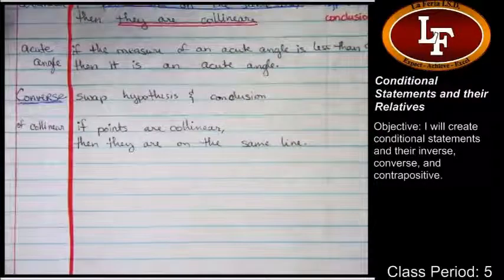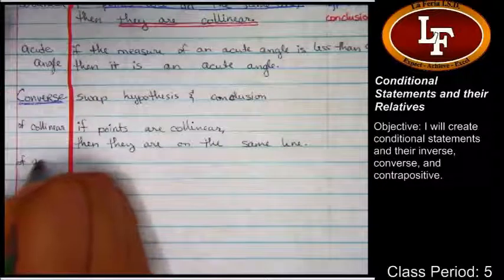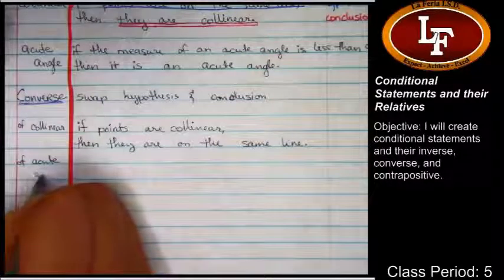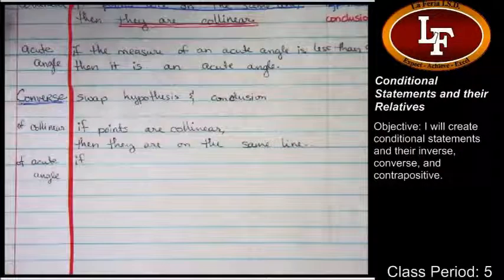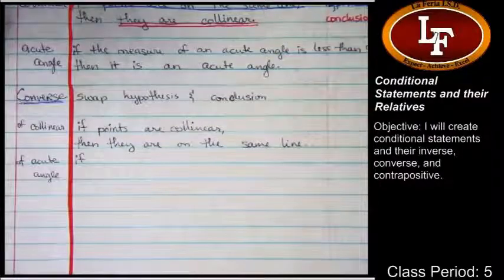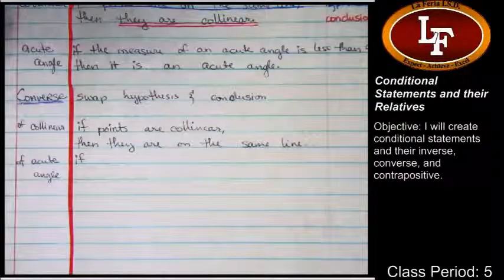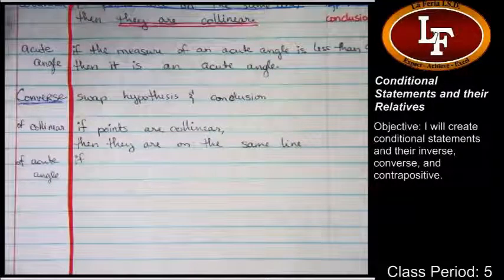Okay, let's do the converse of acute angle. So the converse of our original conditional for acute angle is going to start if what? What was the original conclusion? It is an acute angle. If it is an acute angle, if what is an acute angle? The measure.